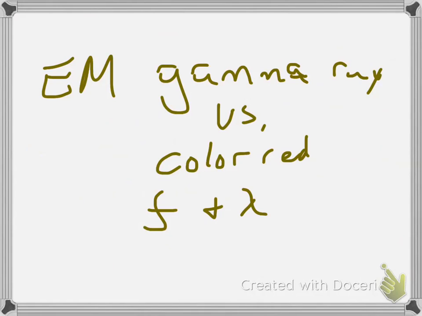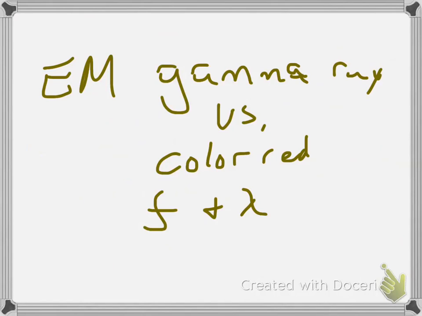Okay? And on that chart in your reference tables, it shows you the relative frequencies and wavelengths of those different light rays. So it's really just a difference in frequency and wavelength that is the difference between tuning your radio into something and seeing the color blue. It's just the frequency of the source that's emitting that light.